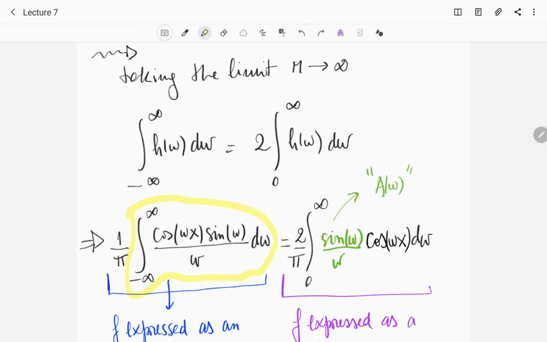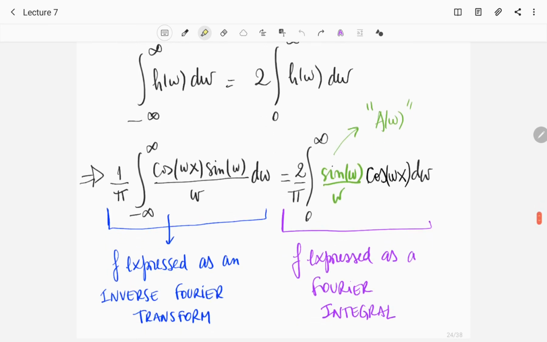Okay, and now you can see that this was the expression that we got in the previous lecture, which is f expressed as a Fourier integral representation, and this is the one that we got now, a couple of minutes ago, f expressed as an inverse Fourier transform. Okay, and these are equal. And this guy is the a of omega that we were working with in the previous lecture.